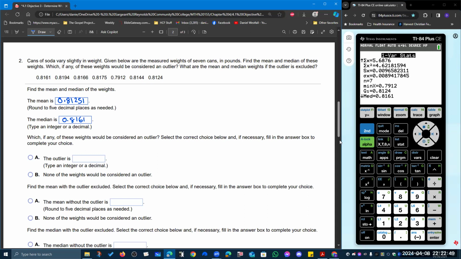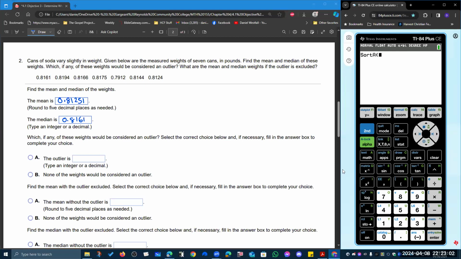Now we're going to look for one that is significantly higher or lower. I'm going to come here to stat, sort ascending, L1, and come back in here.